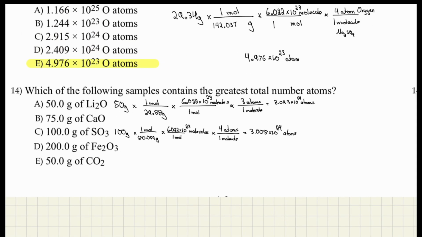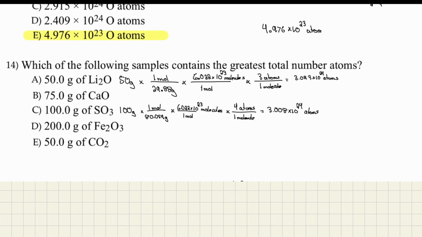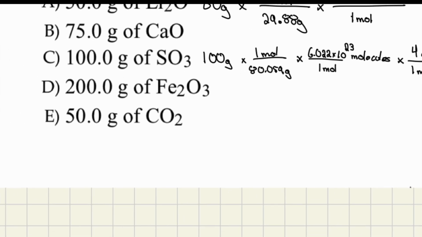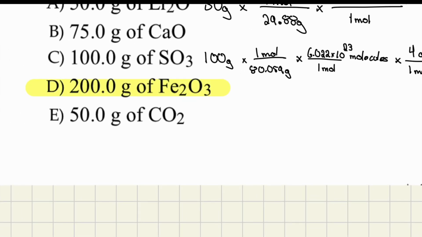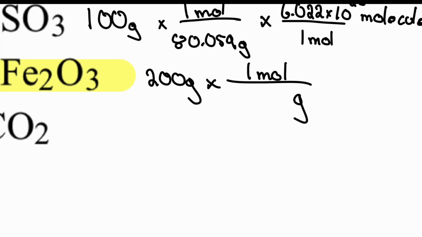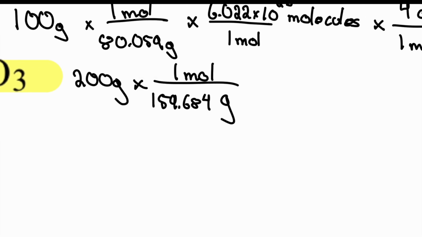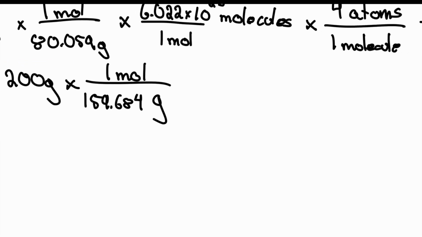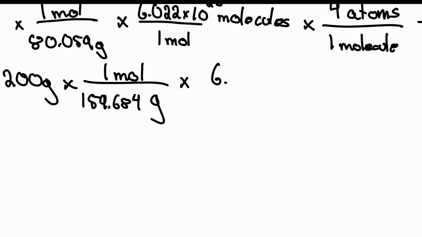So this number should equal... now we still have not actually reached the right answer, which is going to be D, and I'm going to show you why. So 200 grams. Let's get out of grams by using the molar mass, which is going to be 159.68. I can't read my handwriting. Okay, guys, it's either going to be 4 or 9. I think it's 4. I'm looking at the notes that I wrote down for this video.